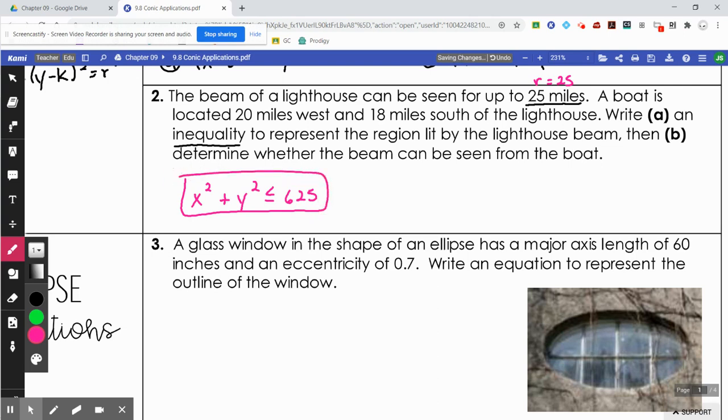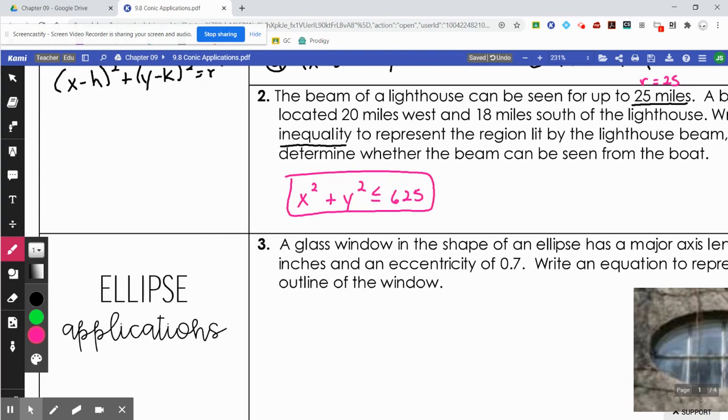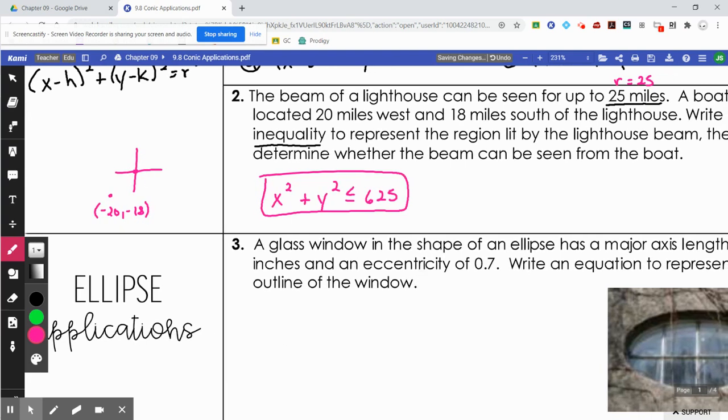So now, what about this boat? B part says determine whether the beam can be seen by the boat. So you've got the lighthouse located at (0, 0). You've got the boat that's located 20 miles west, 18 miles south, somewhere down here, at (−20, −18) in comparison to the lighthouse. What do we do to see if it can see this?